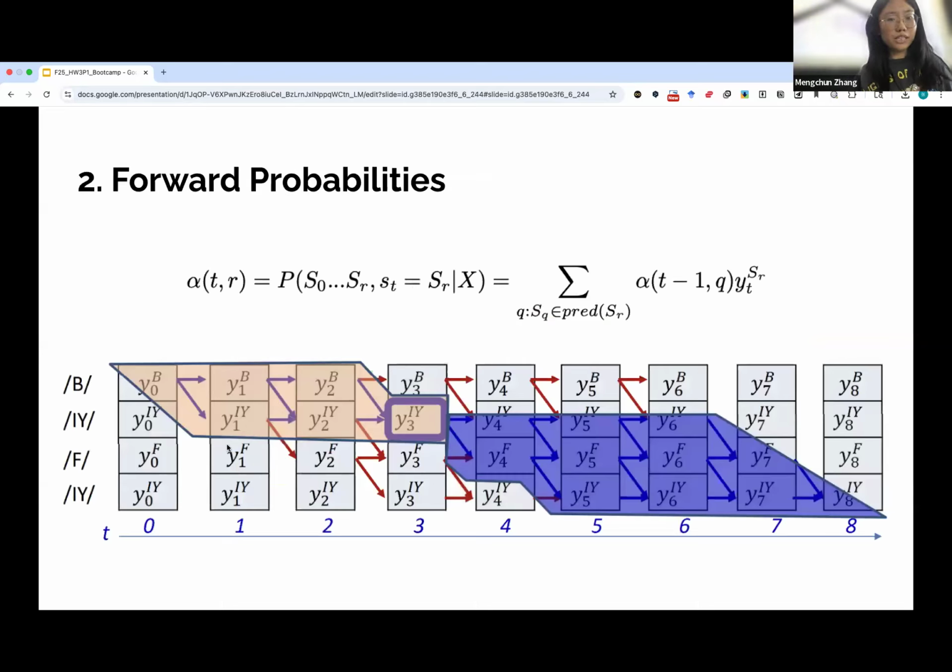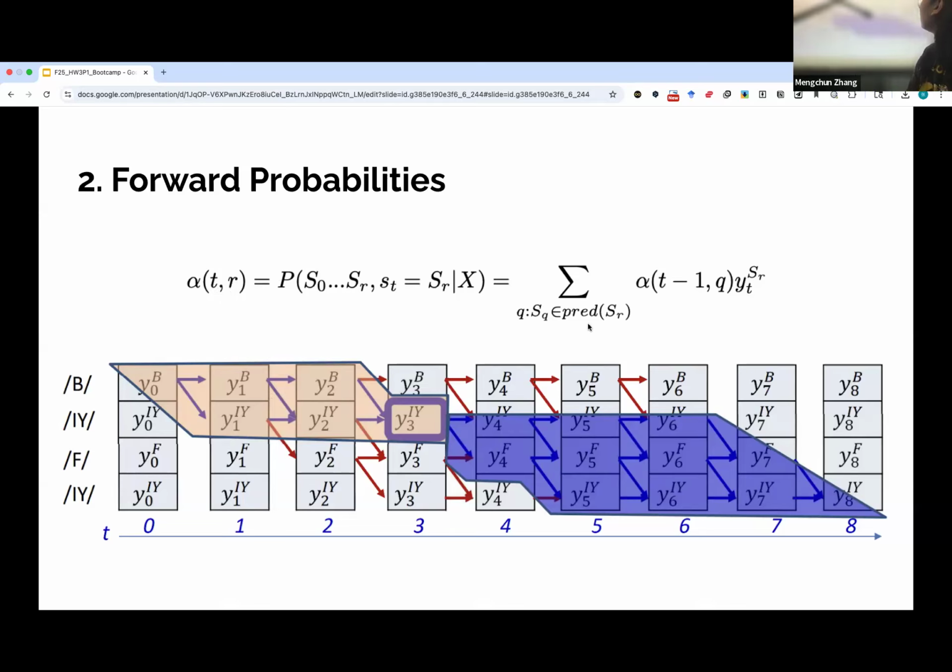Okay, after we extend the target sequence, let's see how we calculate the forward probabilities. The forward and backward probabilities together let us compute the total likelihood of the correct alignment, making sure to include all the possible paths through which the input sequence could generate the target output. So let's first look at the forward probabilities. This is written as alpha t comma r.